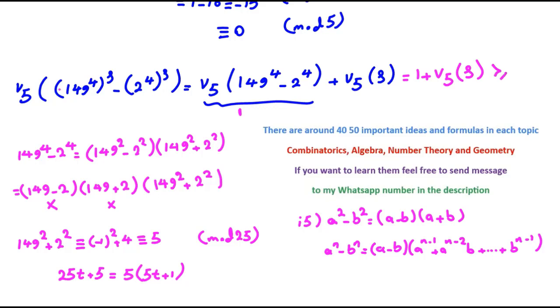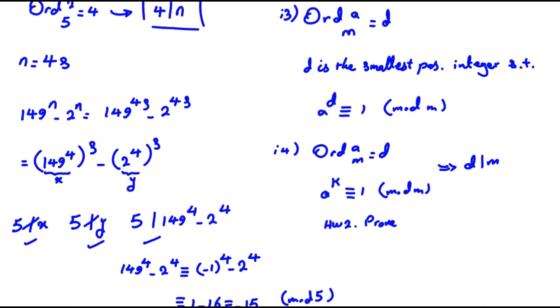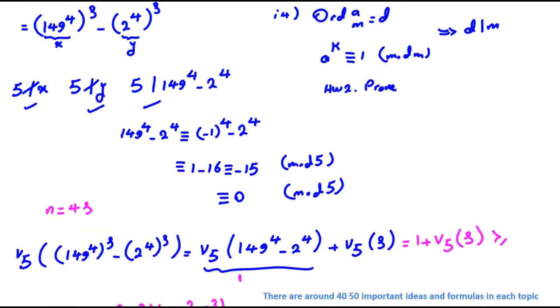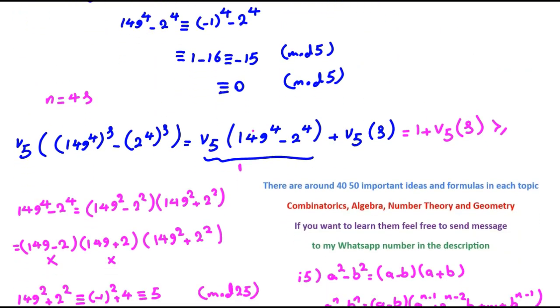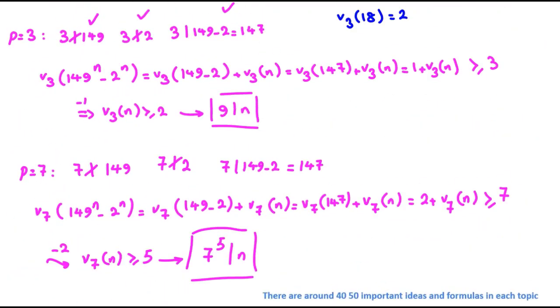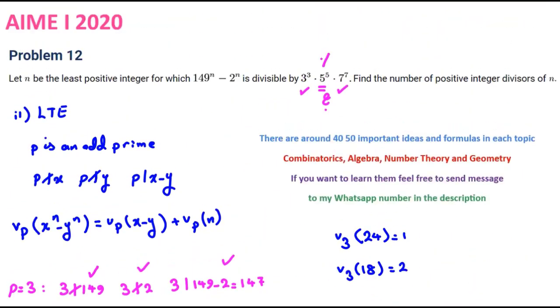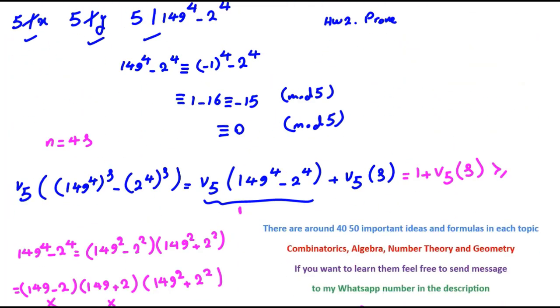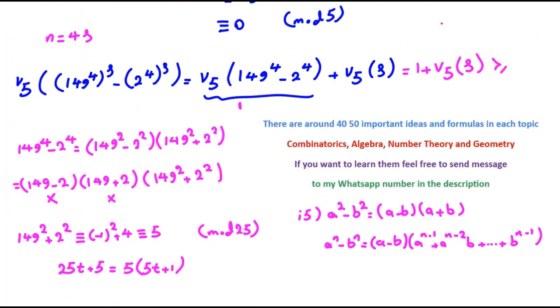We know this number, 149 to the n minus 2 to the 4n, where n is 4s, as we said. So we know this number should be a multiple of 5 to the 5 from the assumption of the problem. So v5 of that should be at least 5. So we can conclude what?